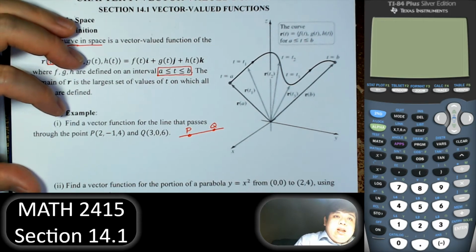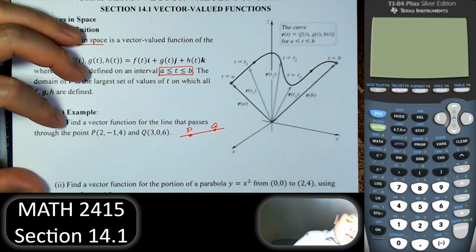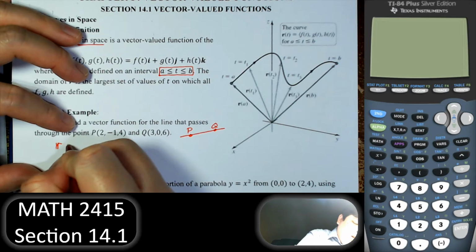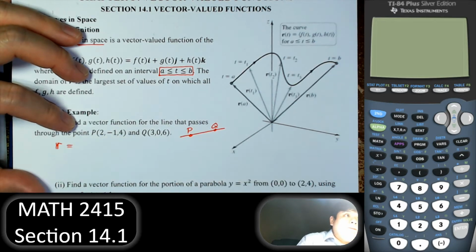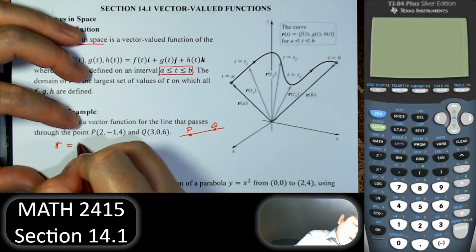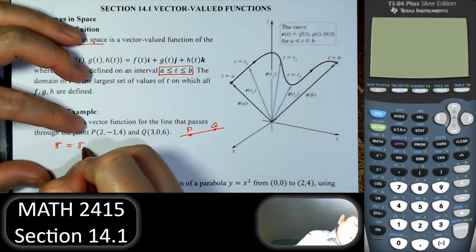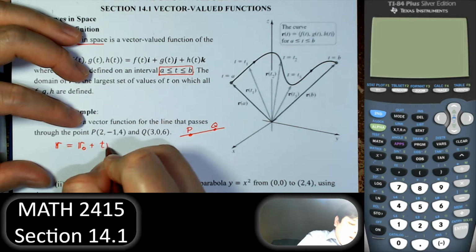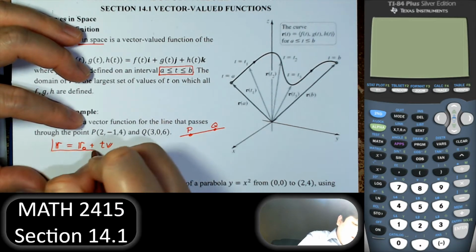We did this previously, and we said the equation of a line going through a point is equal to the initial point, one point on the graph, plus tv, right?